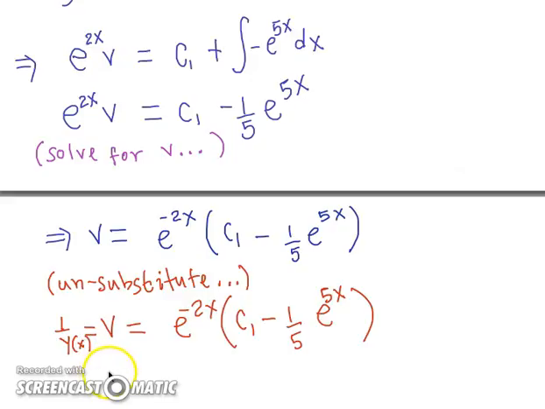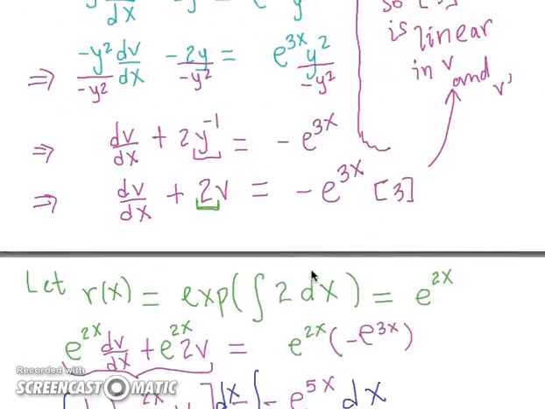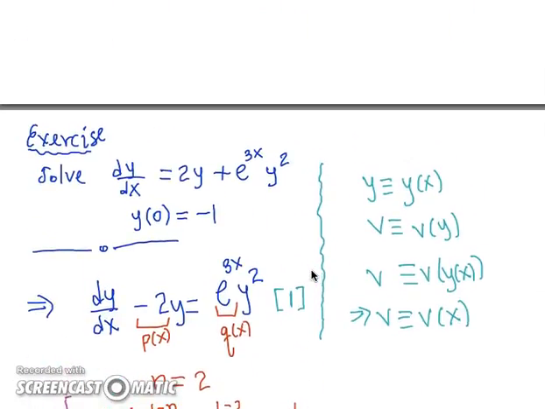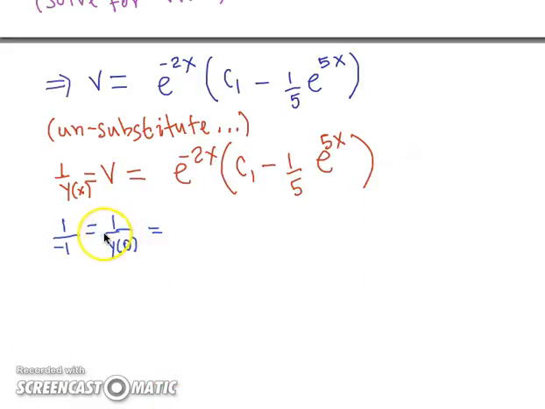So what we need to do next is evaluate. Remember, we have information on the initial condition, right? The initial condition tells us that at 0, y takes the value of -1. So 1 over y of 0 would be 1 over -1, because that's what y of 0 is. And on the right side of the previous expression, we evaluate x at 0.